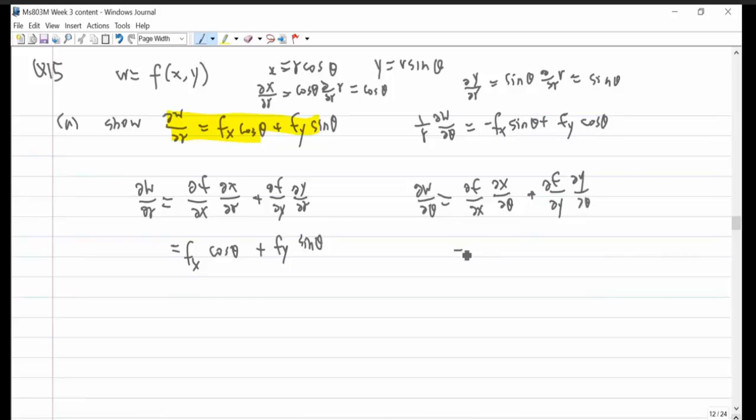So this is f_x here. So how to find partial differentiation of x with respect to theta here? x equals r cosine theta. So dx/d theta now, keep r constant, you differentiate cosine theta, you get minus r sine theta. Right? So this is actually minus r sine theta.